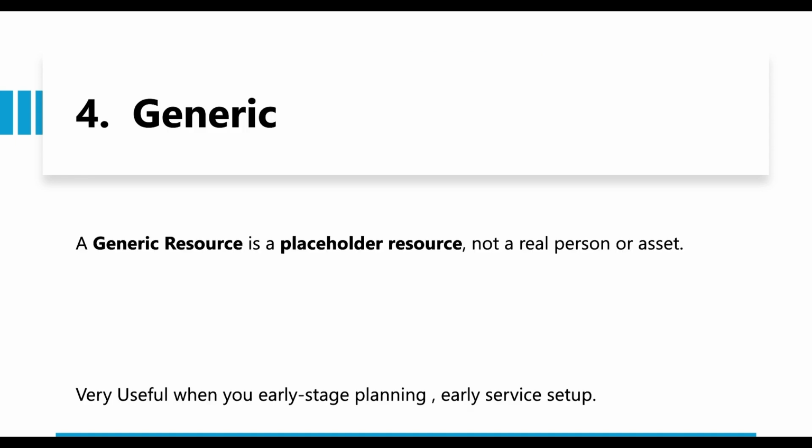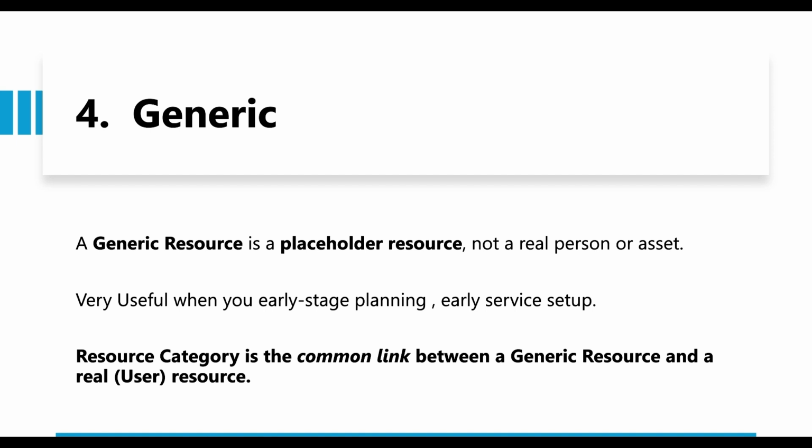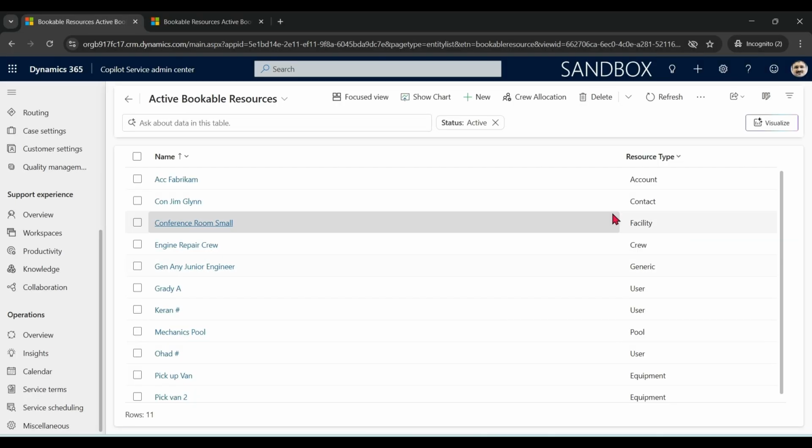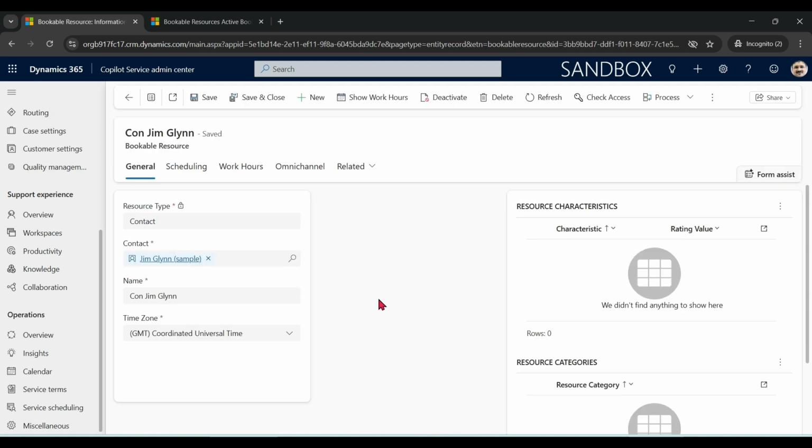We have the generic type of resource, which is a kind of placeholder resource. It's not a real person or real asset. It is very useful when you do early service setup. When you actually execute the service, at that time you replace a generic resource with a real resource. Let's see on screen now. This is one of the resources of content type.